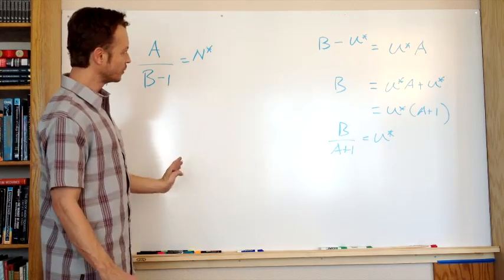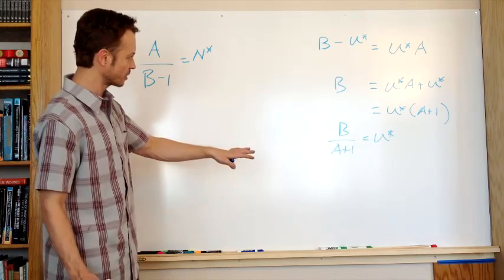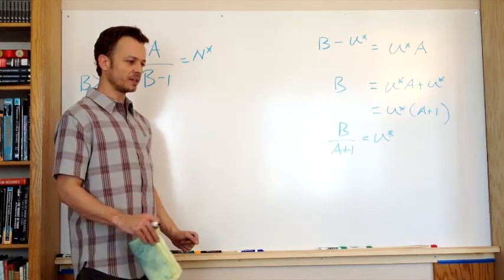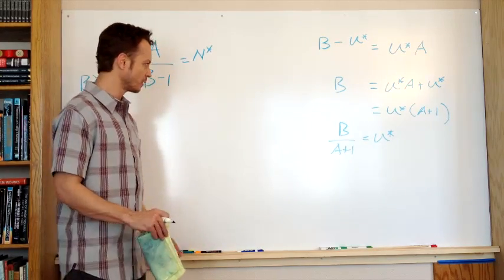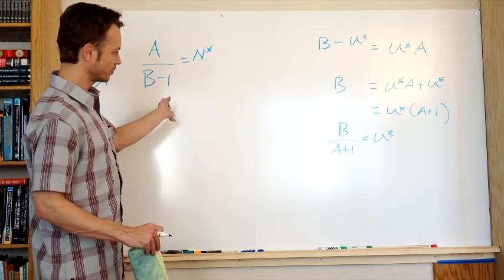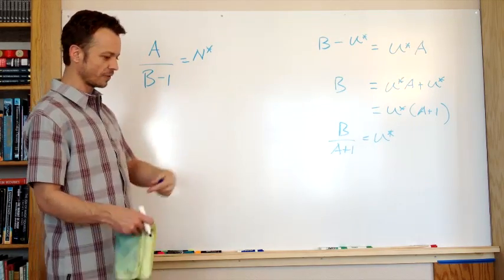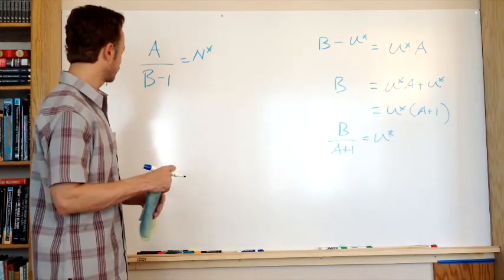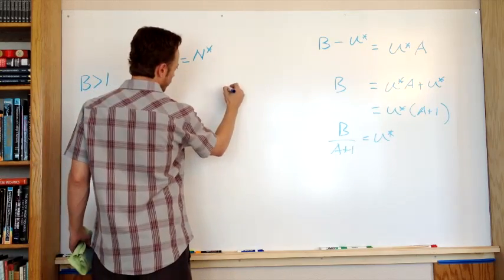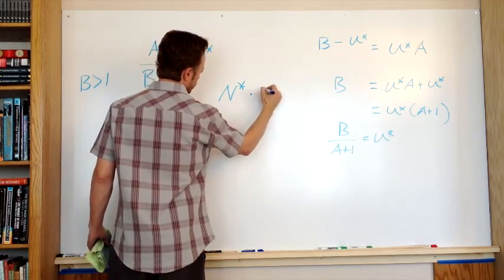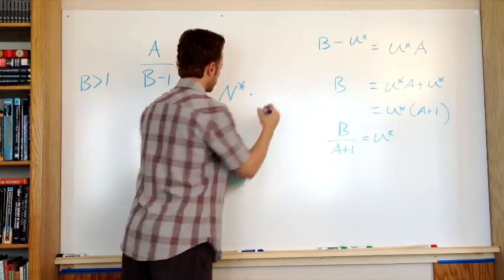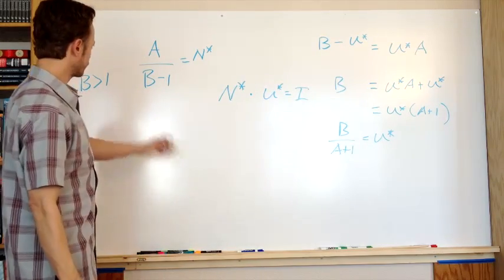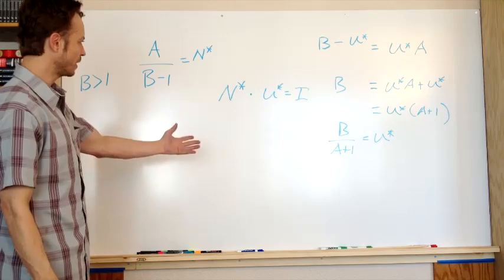So even though this comes from a continued fraction that completely openly expresses the idea of infinite relative frames of reference, this accounts for it, but we don't have to stare at infinity every time we're doing these calculations. So this is quite interesting. And again, what we have is n star times U star equaling the identity constant.